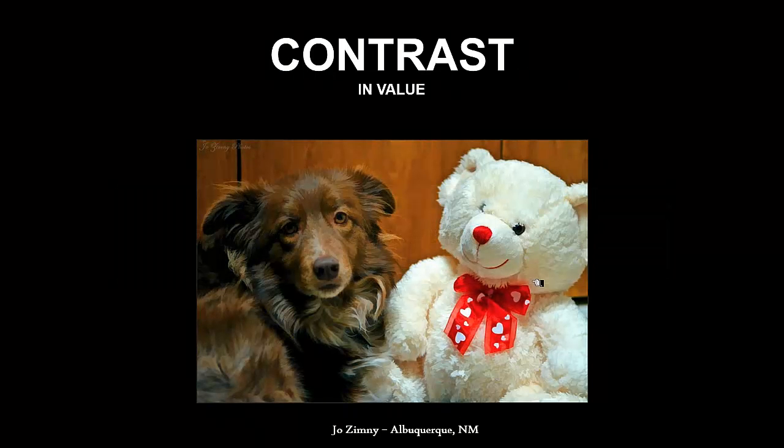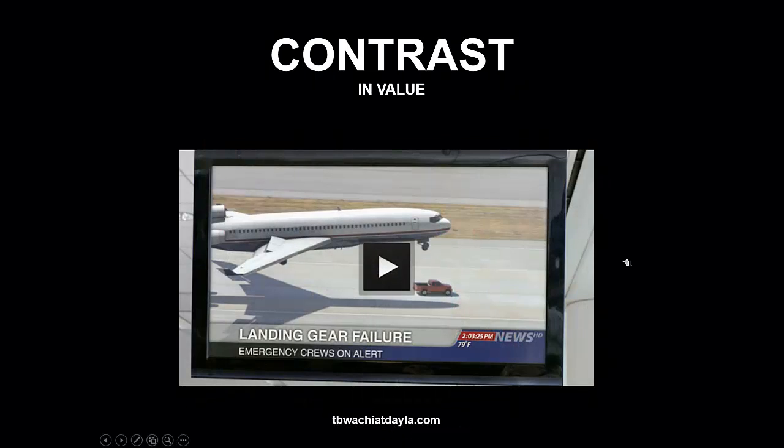Now, if you take a look at this image, you'll see that we have contrast to a certain degree. The value here would be a living object or a living thing versus a non-living thing. So dog versus stuffed animal. That would also be a contrast, and the colors are also contrasting. Now, contrast and value can be objects.